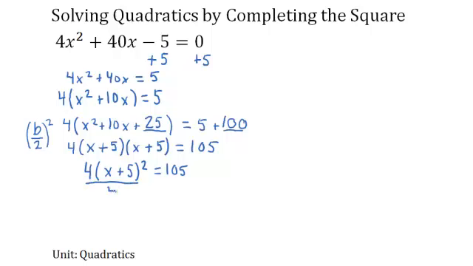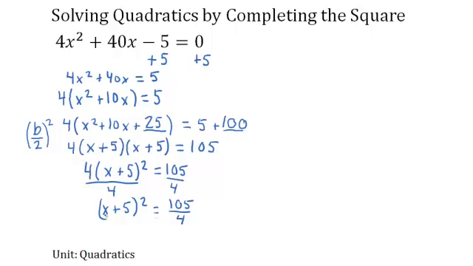Dividing by 4 would be my first step to leave me with x plus 5 squared equals, and at this point you can make some decisions on, do you want to leave this as a fraction or as a decimal? Can you reduce it? I'm going to go ahead and leave it as 105 fourths.